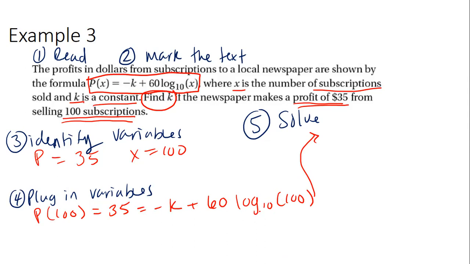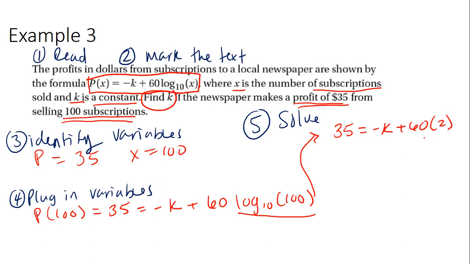Remember a log is asking you 10 to what power is 100? Okay. 10 to what power equals 100? That's what log is asking you. 2, right? Because 10 squared is 100. So therefore, what does that equal? 2. So now we have 35 equals negative K plus 60 times 2.